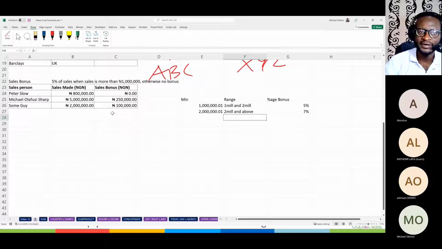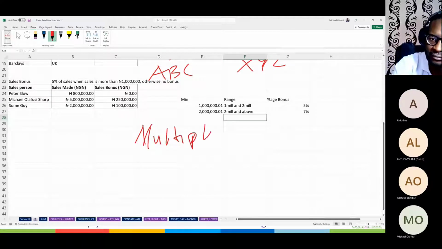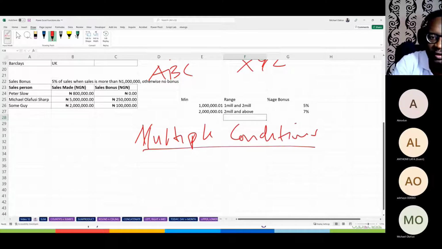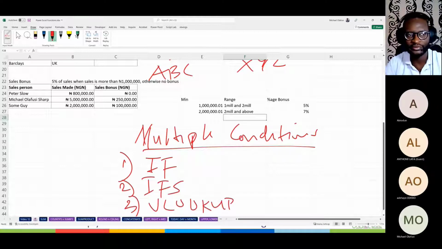So there are 3 options. Whenever you have multiple conditions, you can use if, you can use ifs, and you can use VLOOKUP. So I'm going to do all the 3 options, right? So that we will see how it works.